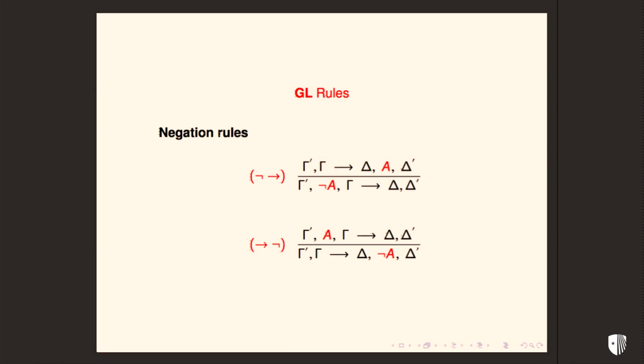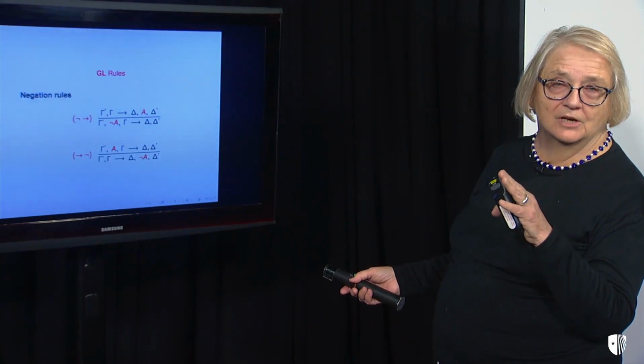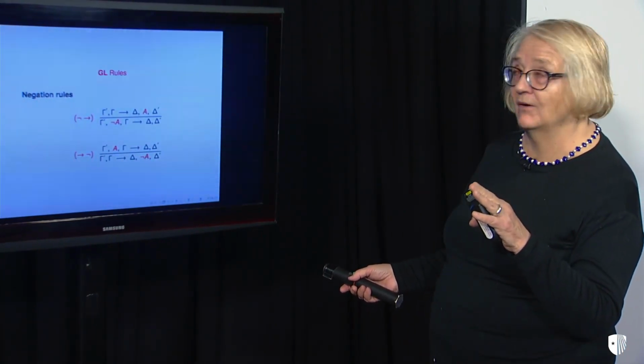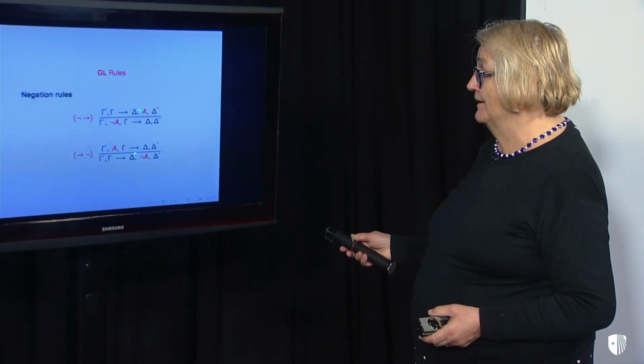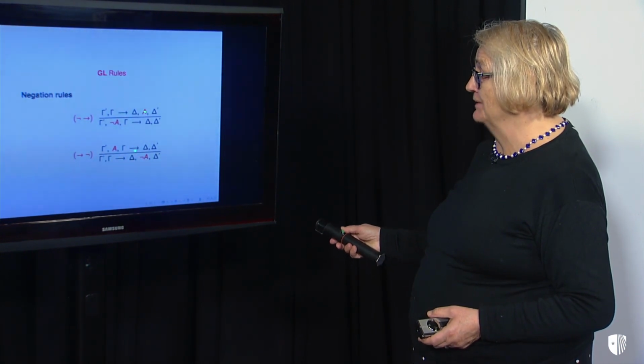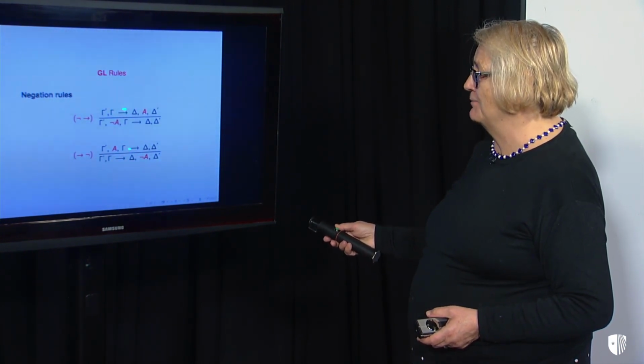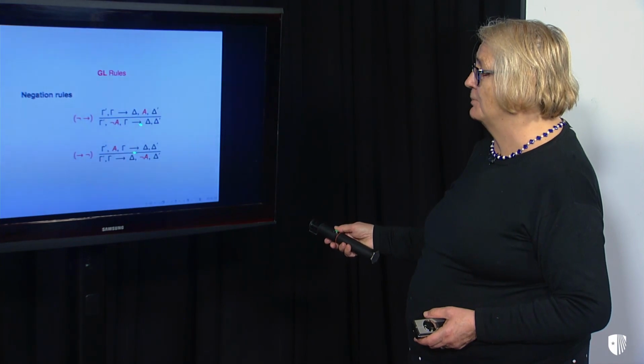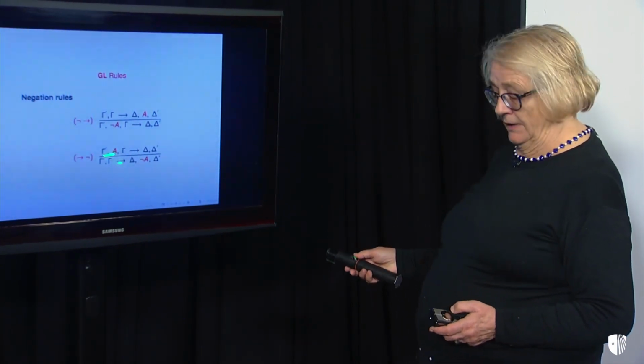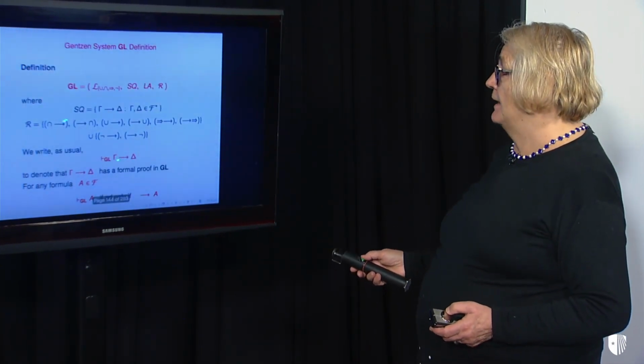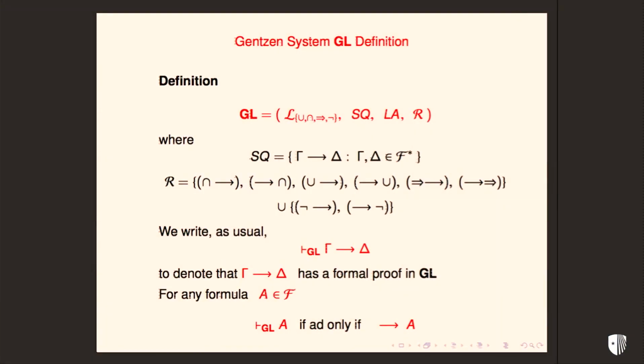Negation flips from left to right. If you have A on the left, it flips to the right with negation, because A implies B is logically equivalent to not A or B. So B implies A is not A implies B. And you have negation rules, and the proof system is all this.